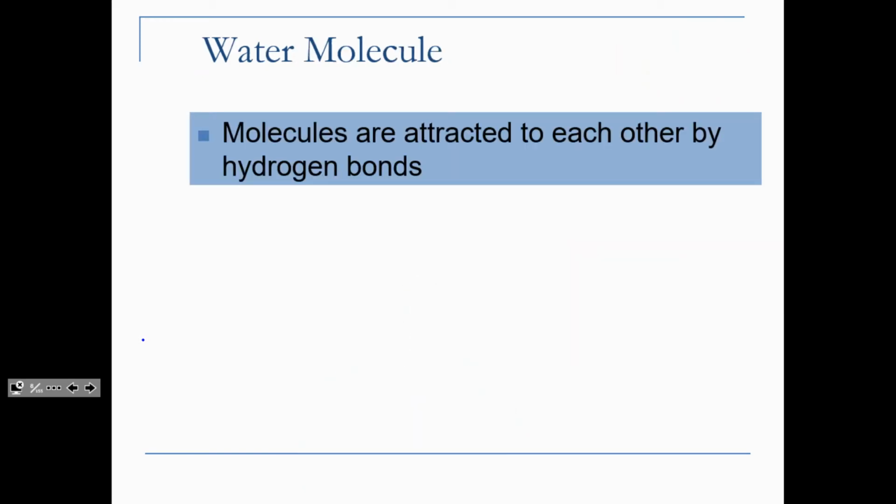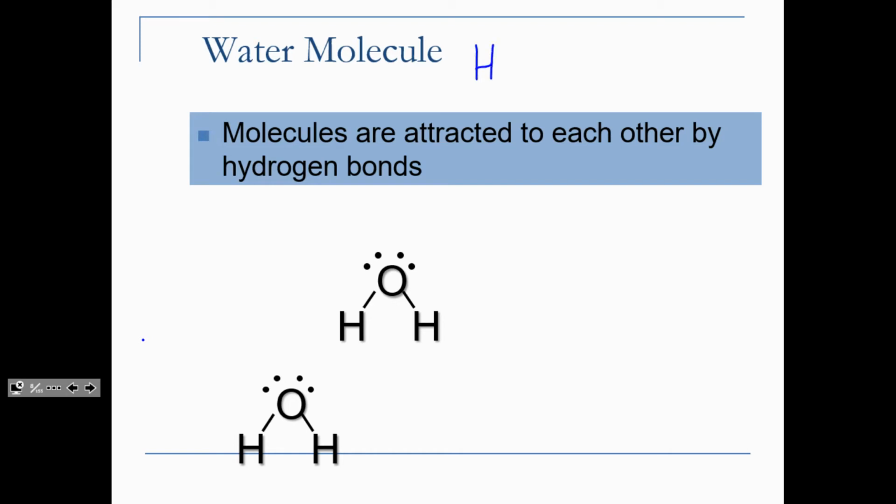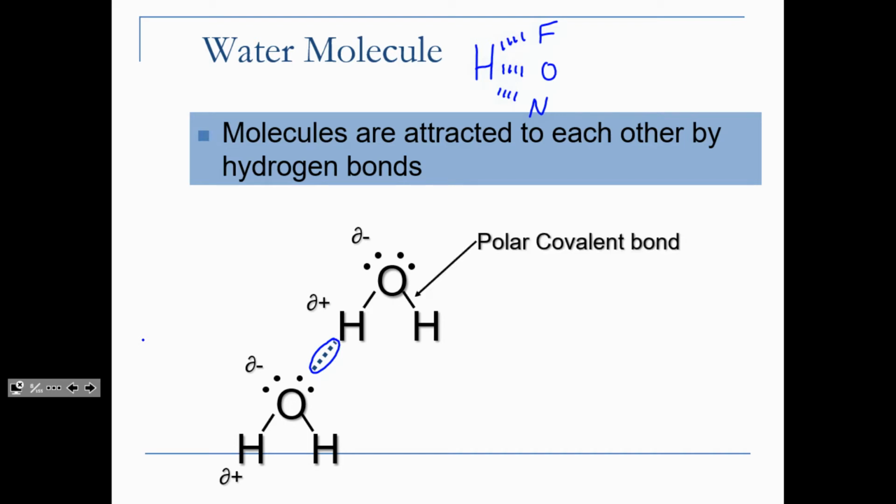Water molecules, if they get next to each other, have hydrogen bonds, which, if we remember, is a hydrogen that is next to a fluorine, an oxygen, or a nitrogen. So if we have two water molecules next to each other, the attraction is between the molecules.